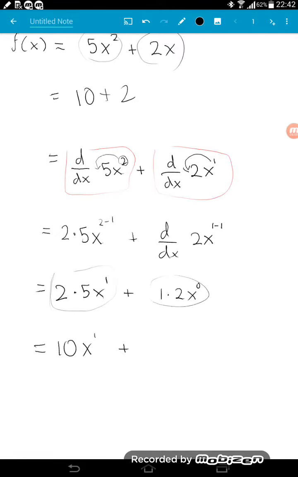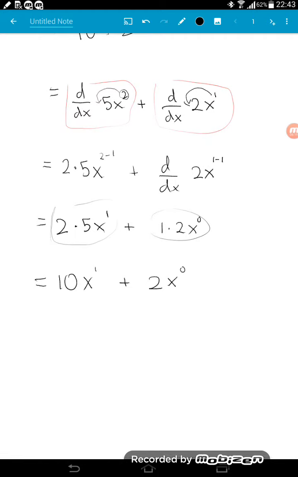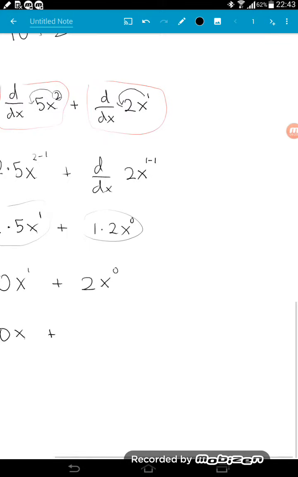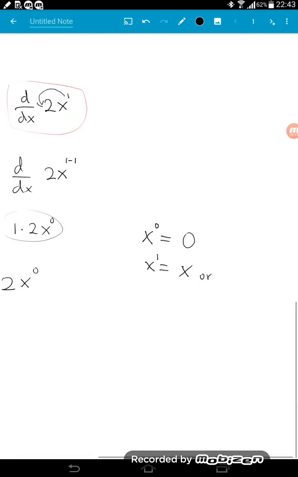And over here, what is 1 times 2? It's just going to be 2, right? 2x to the power of 0. So let's clean this up a bit. So 10x to the power of 1, you can just write down as 10x. So we all know, not the derivative, the power, x to the power of 0 will always be 1, while x to the power of 1 will just be x, or x1.